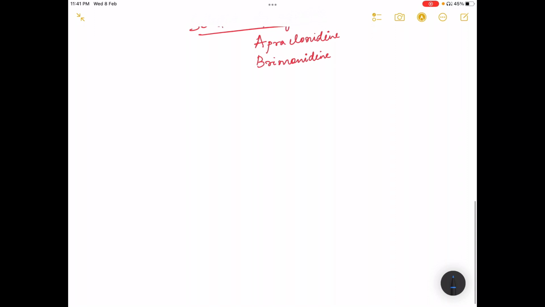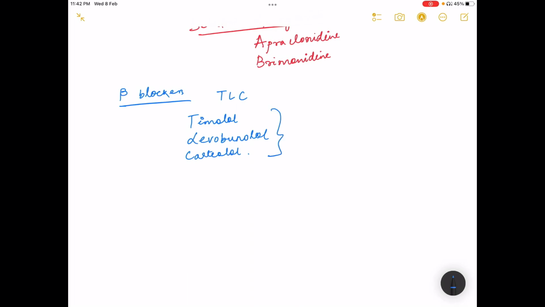The second class of drugs is the beta blockers. You can remember them by the mnemonic TLC. T is for timolol, L is for levobunolol, and C is for carteolol. These three drugs are contraindicated in those having asthma.